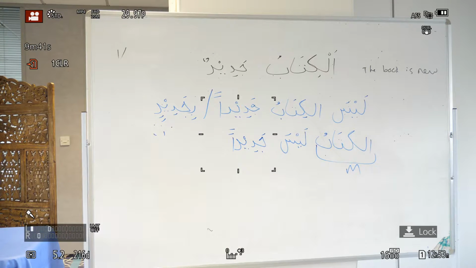Okay. Now where's the khabar? Remember how many types of khabars do we have? 5. Either one word, either it's a jar majroor, either it's a dharf and mudaf ilay, or it's a jumla ismiya, or it's a jumla fi'liya. So an entire sentence can come as a khabar. So here, what's laysa jadidan? Is laysa a fi'l or an ism?